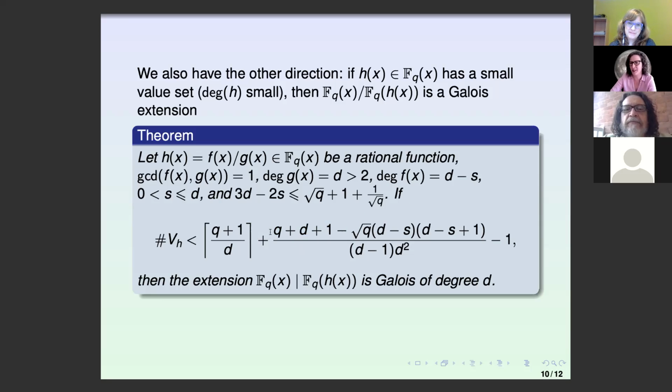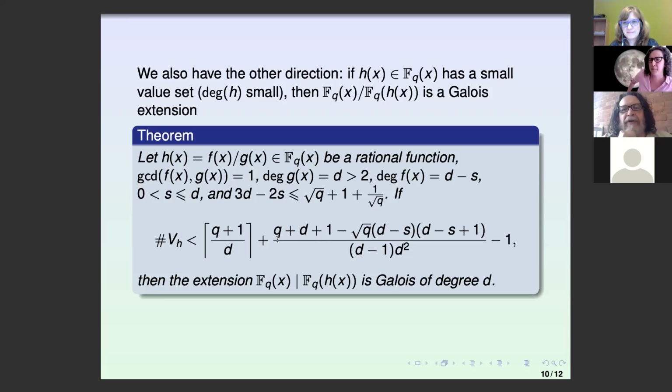But actually, Daniel, it depends on whether this number is positive or not. The second part here depends on Q and D. So you should probably choose D and S. But yes, you should look at it carefully, and then I could say something.